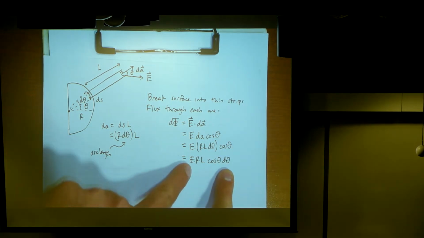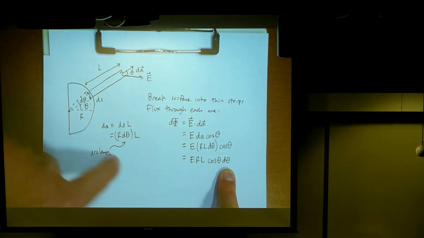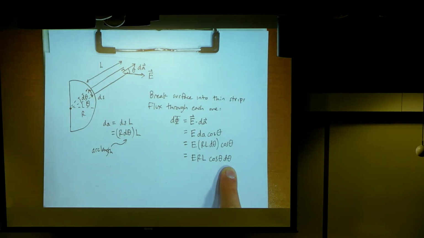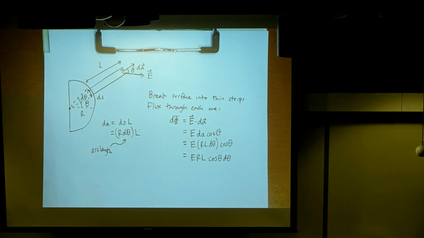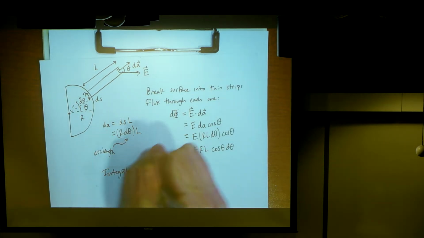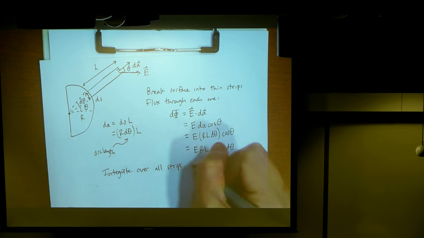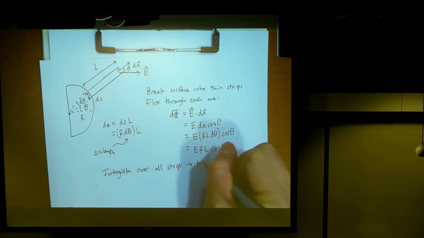So just to be clear, this is the electric flux through one of these strips. The idea is now I must integrate over all of the strips to get the total electric flux through this curved surface, okay? So here, integrate over all strips now. And that will give us total flux.